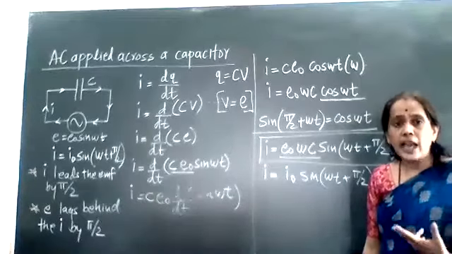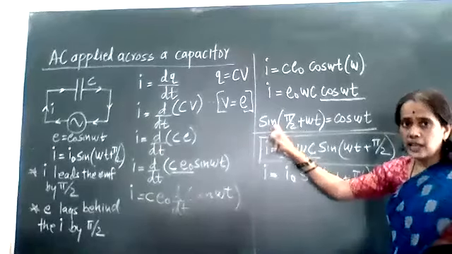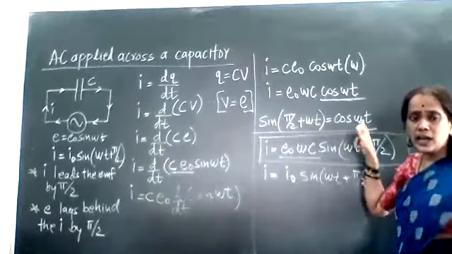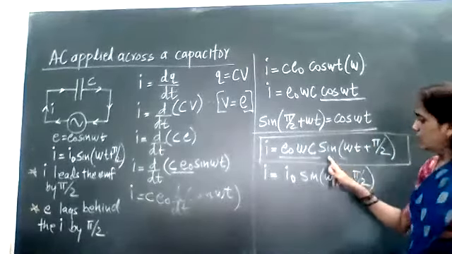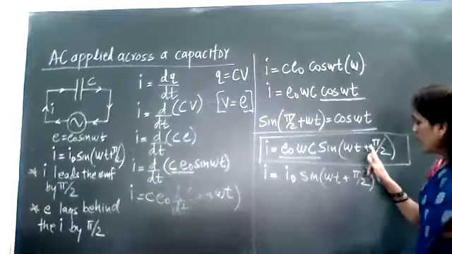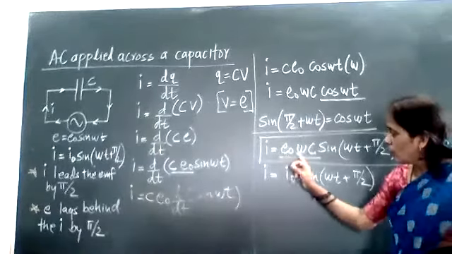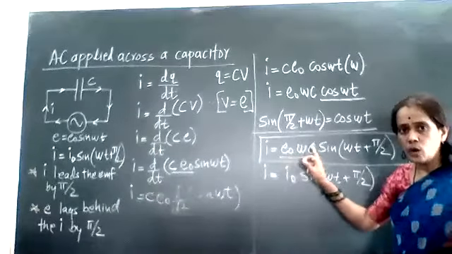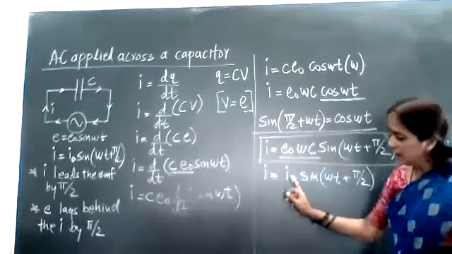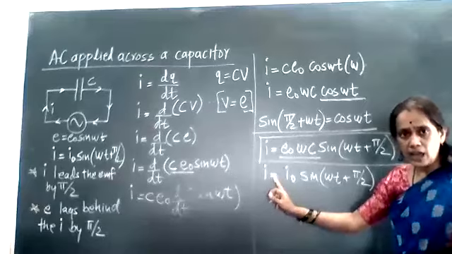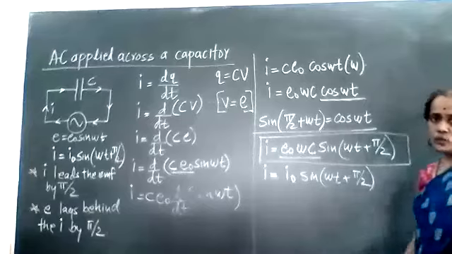Cos omega t can be replaced by the mathematical identity sine of pi by 2 plus omega t, which can be written as cos omega t. So in the place of cos omega t, I can put sine omega t plus pi by 2. Then instead of all these constant quantities, E0 omega C, I have kept the value as I0. Then my current I is equal to I0 sine omega t plus pi by 2.